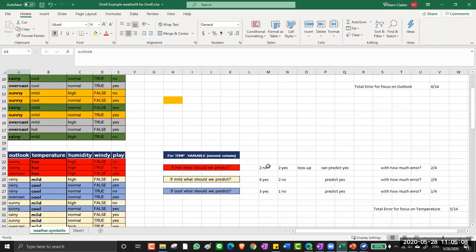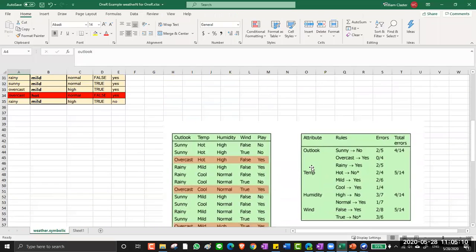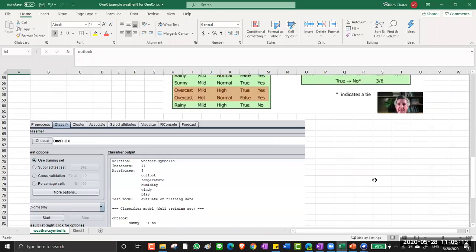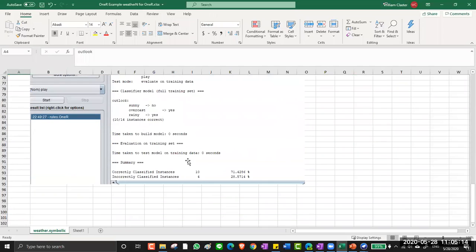It gives us 4 out of 14. So that's what this says, 4 out of 14. Here, the correctly classified are 10 and the incorrectly are 4. And if you work that out, I guess you get 71% accurate and 28% inaccurate rate. Okay, is this clear?